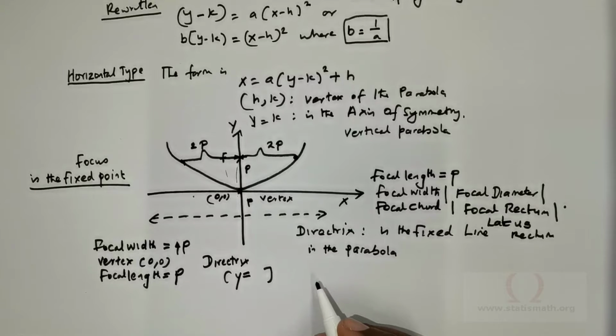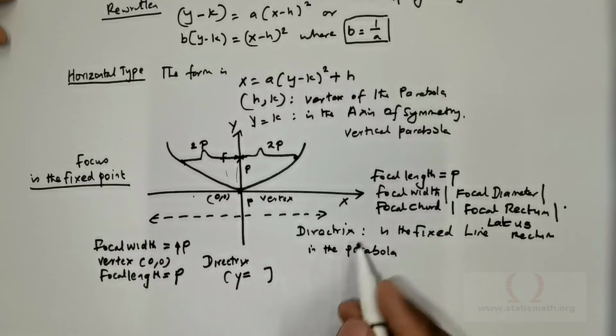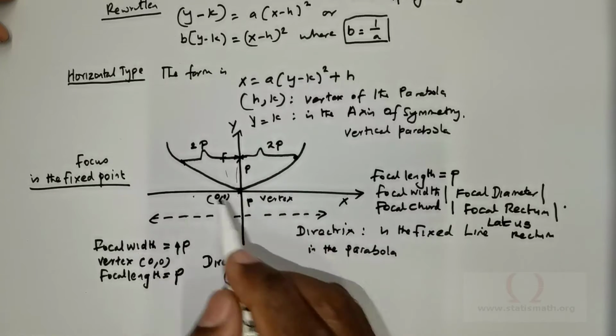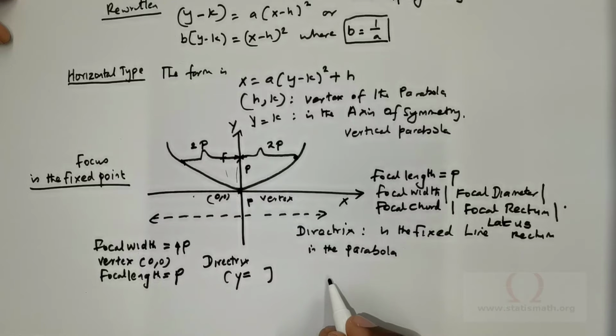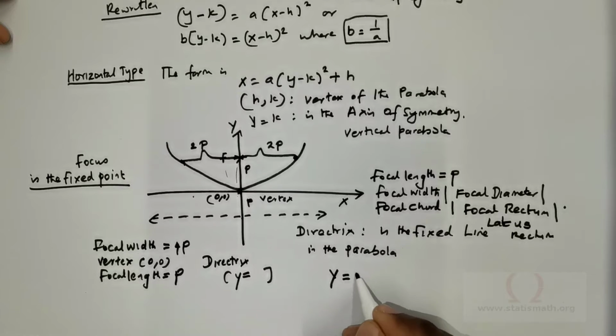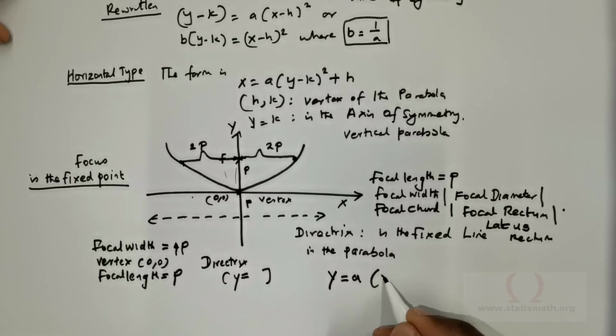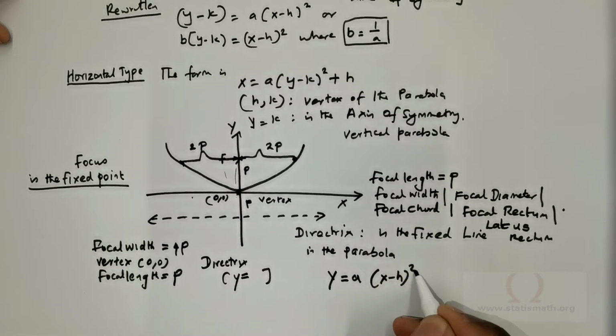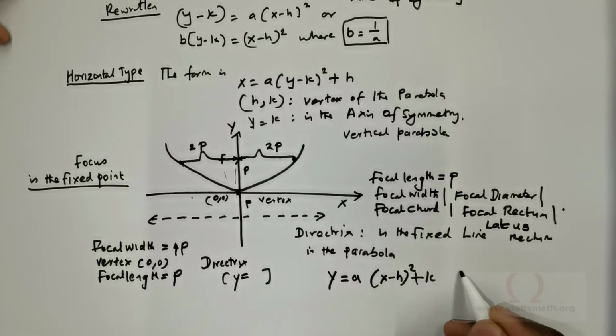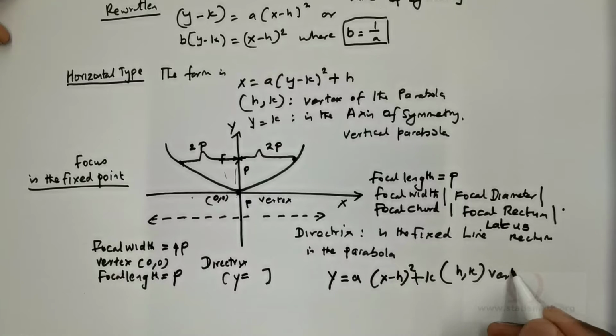So having obtained all this, if you were to write the equation for this parabola, this is a vertical parabola. As I mentioned to you, the form of the parabola in this case is y is equal to a times (x negative h) raised to the power 2 positive k. h comma k is the vertex, right?